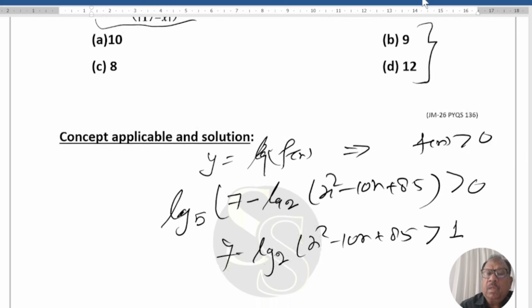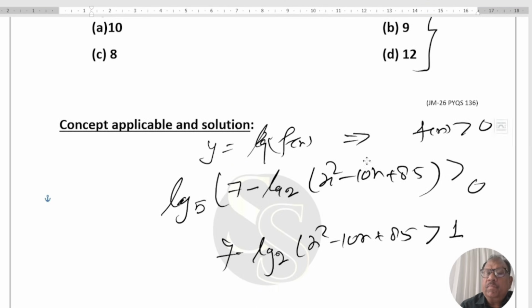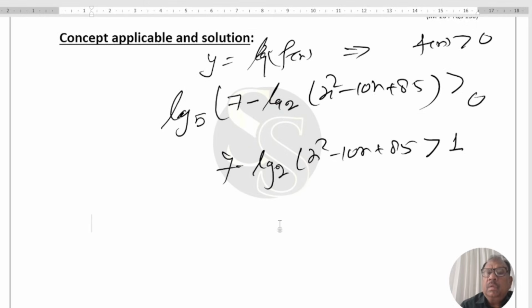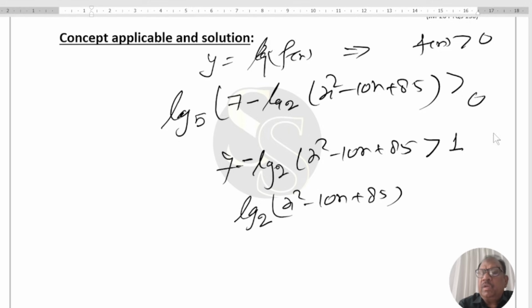Now rearranging, this is 7 minus log of 2, x square minus 10x plus 85 greater than 1. Shifting this to the other side, this will become less than 6.